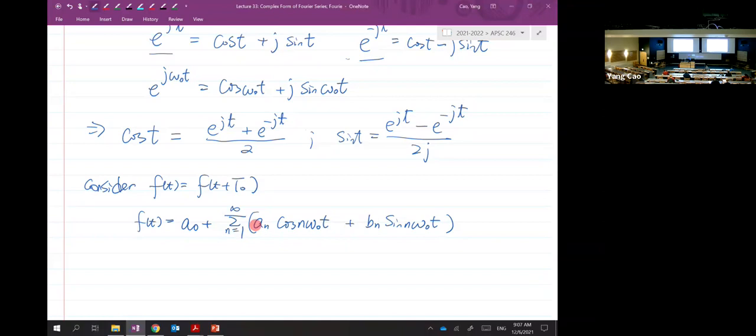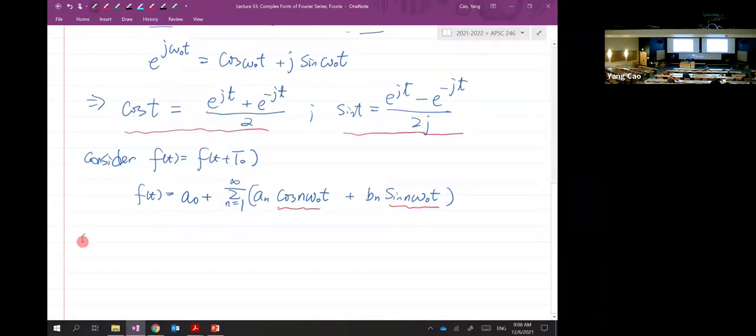Okay, good. Now you look at this current formula. It has a cosine and sine, which is why we call it trigonometric. So I'm going to replace this cosine n omega naught t and sine n omega naught t with the formulas that I have just written down here. Cosine t equals this, sine t equals this. Now here I have cosine n omega naught t, so technically it's not much of a difference.